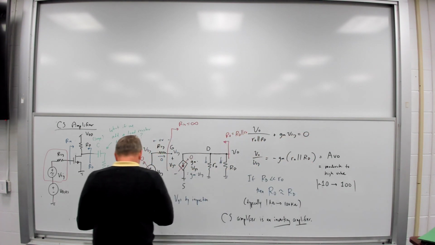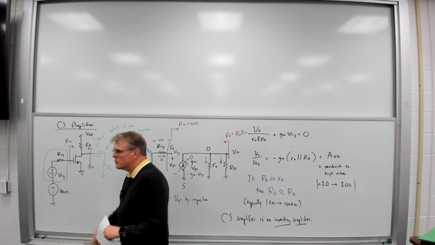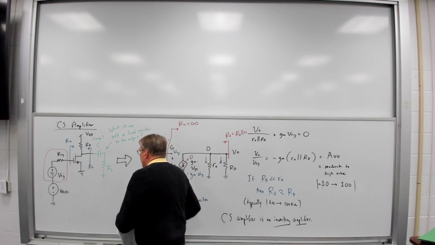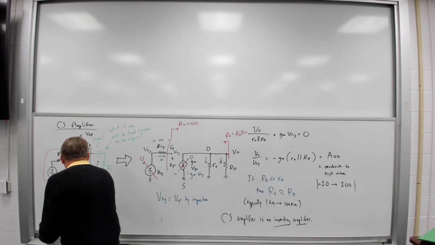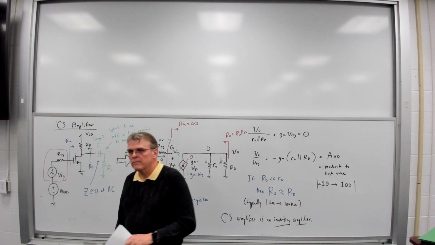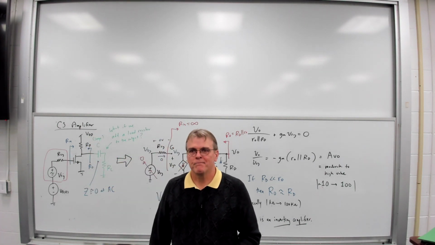If we do this, first of all, what does that capacitor do? Well, at AC, it's a short circuit. So in this case, Z is equal to effectively 0 at AC. We make the capacitance large. But what's it going to behave like at DC?